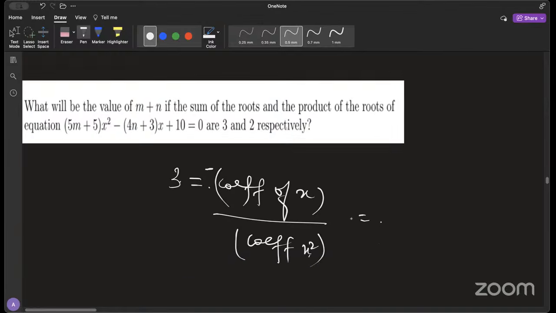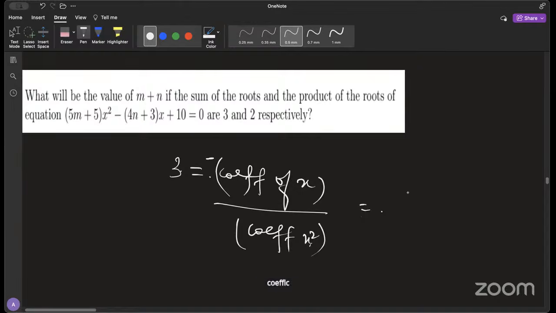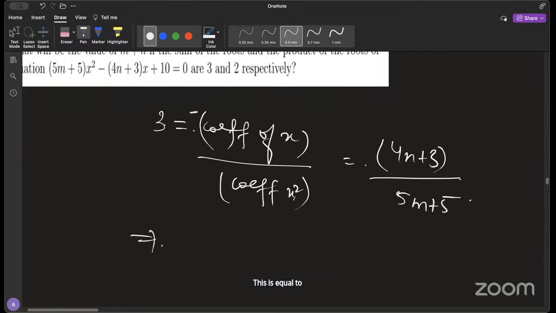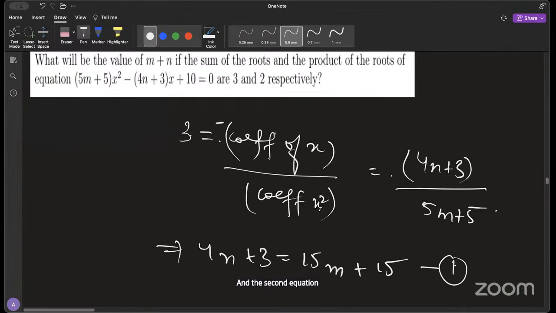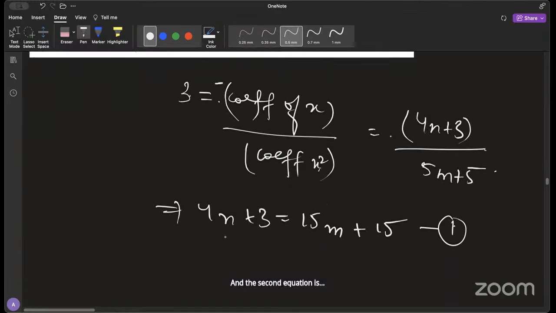So the coefficient of x is 4n plus 3, negative, negative. And the coefficient of x square is 5m plus 5. This is equal to 3. That means your 4n plus 3 equals 15m plus 15. This is the first equation. And the second equation is that the product of roots is 2.